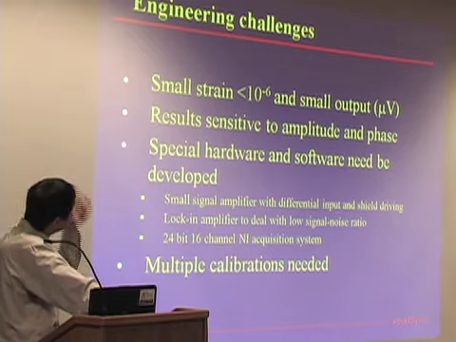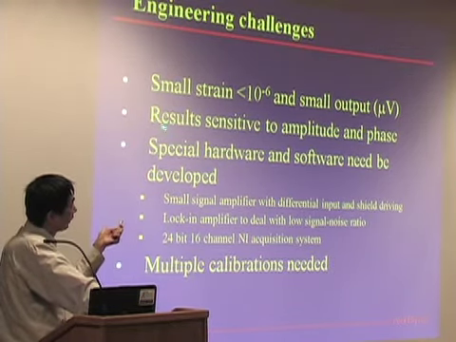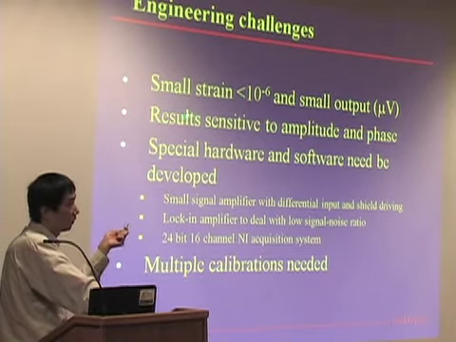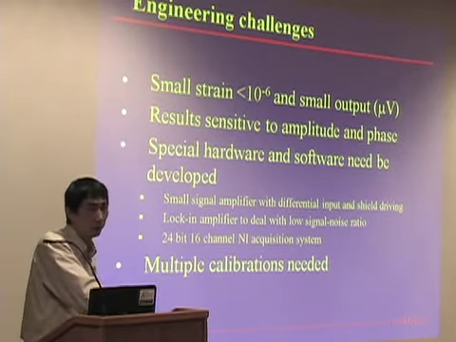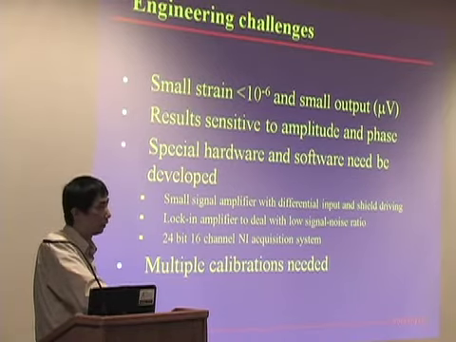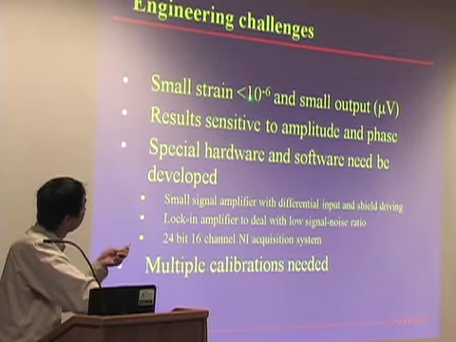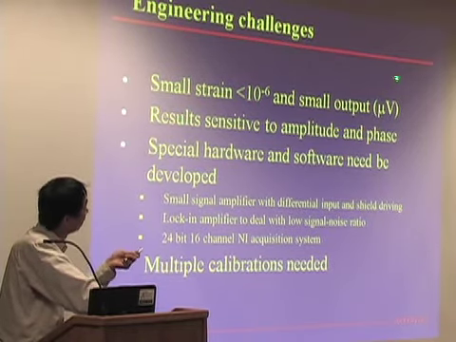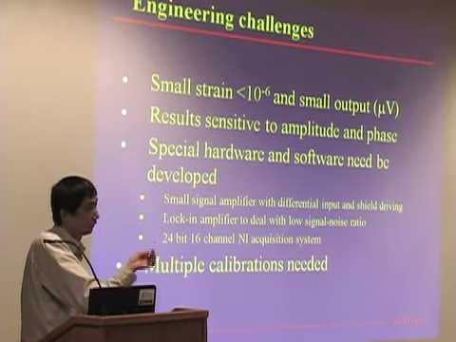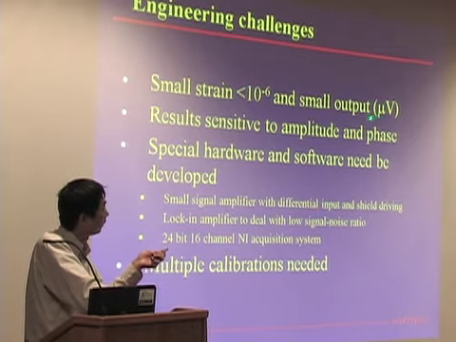And at its center comes this requirement, because we are trying to look at the dynamic property. It's not just static property. To mimic the far-field seismic field amplitude, the strain has to be controlled to below 10 to the minus 6. The consequence of this requirement is that the strain output from all the electronics is also very small. It's in the range of microvolts.